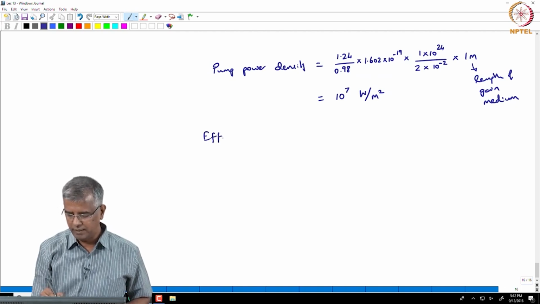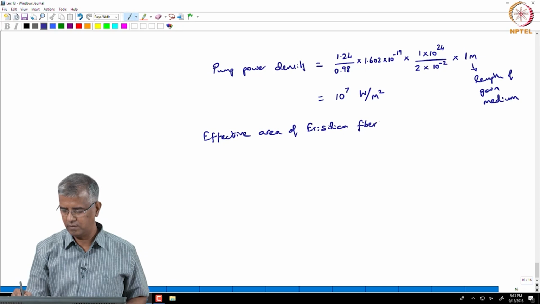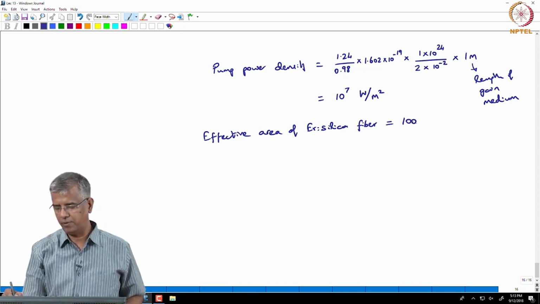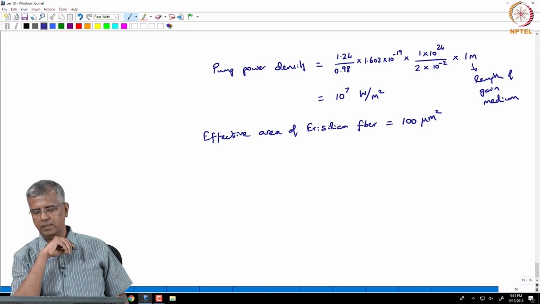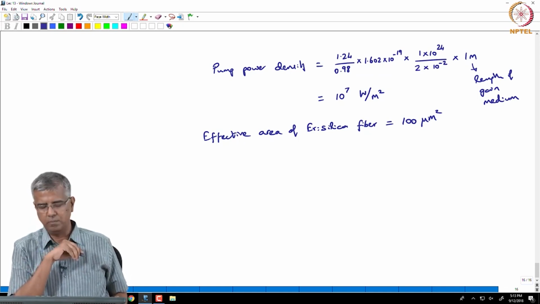So, the effective area of the erbium silica fiber is in the order of 100 micron square, right. So, 100 into 10 power minus 12 meter square.